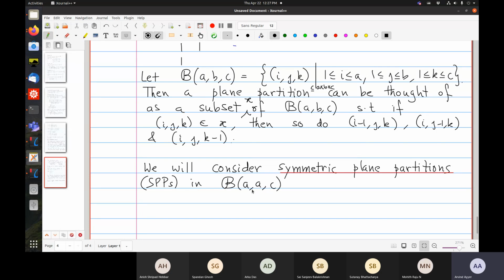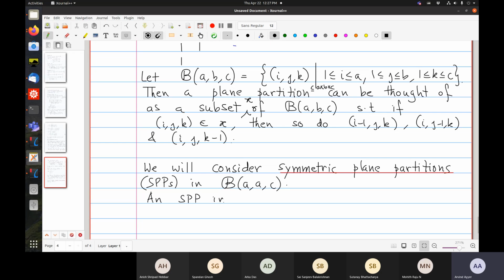I mean, if you're talking about symmetric plane partitions, the B might as well be equal to A. Otherwise, one of them is carrying extra information. I mean, is redundant.